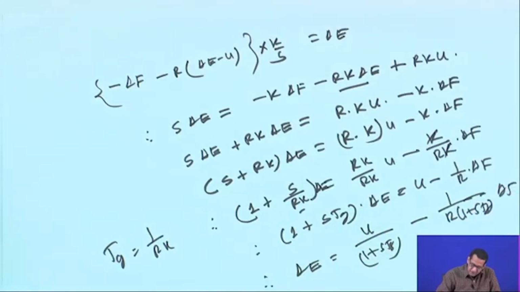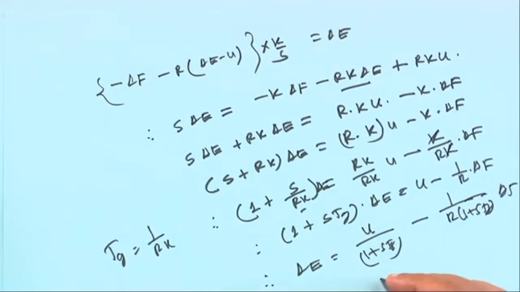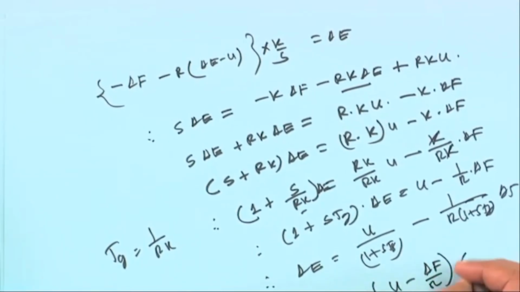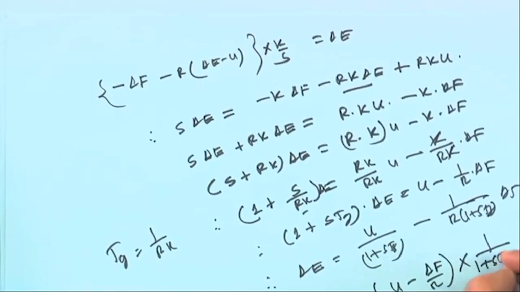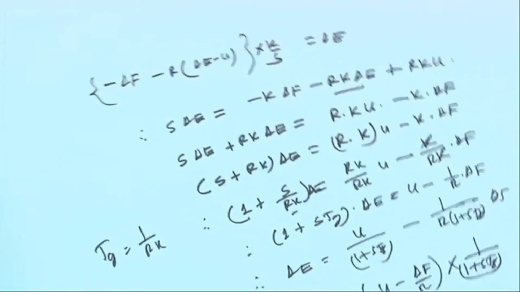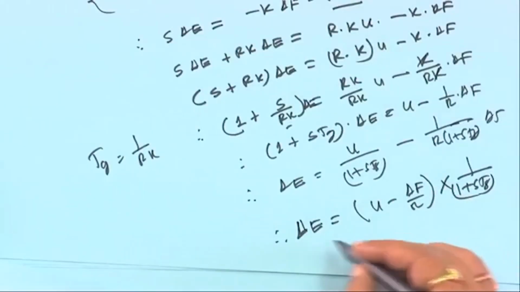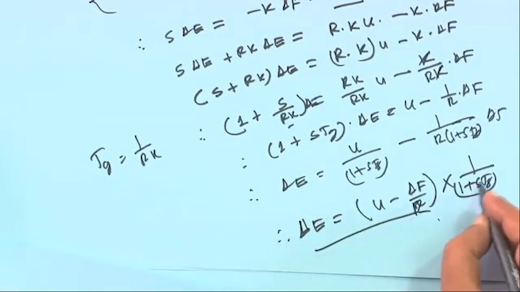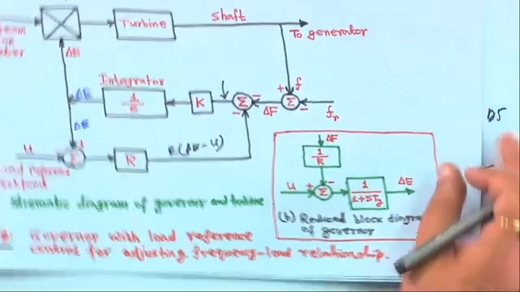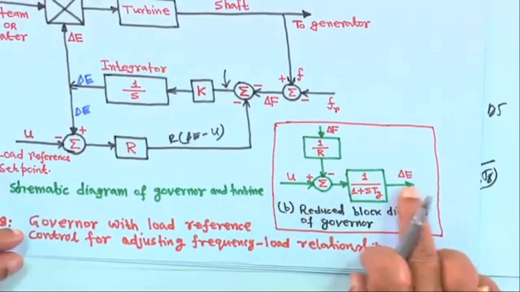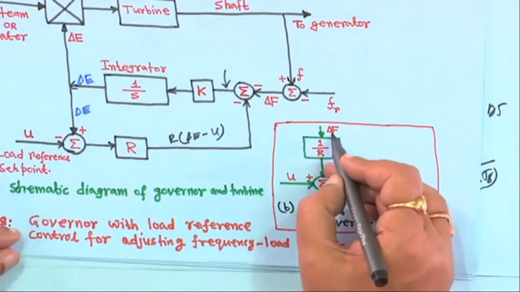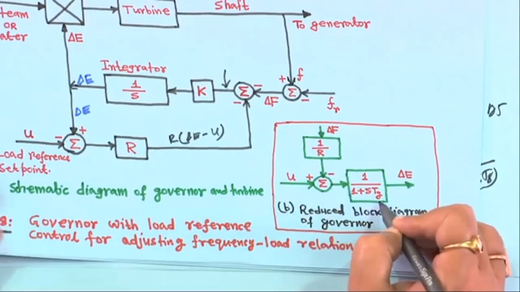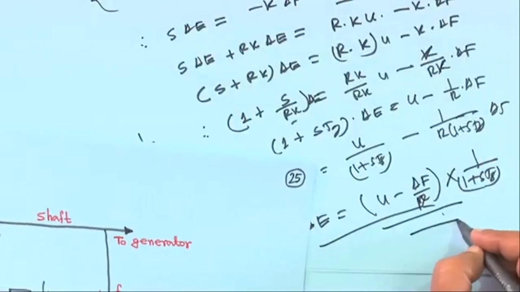Or the way we have made the block diagram, delta E is equal to, you make u minus delta F upon r into 1 upon 1 plus s T g, right. So, that means delta E is equal to u minus delta F upon r into 1 upon 1 plus s T g. So, that we are making, no, look here the diagram, delta E is equal to u, this delta F is coming from somewhere, we will see, u minus delta F upon r into 1 upon 1 plus s T g, it is coming, no, same thing, right.